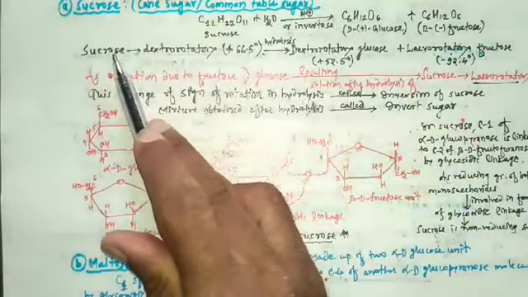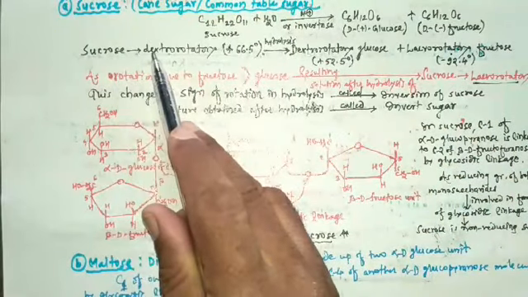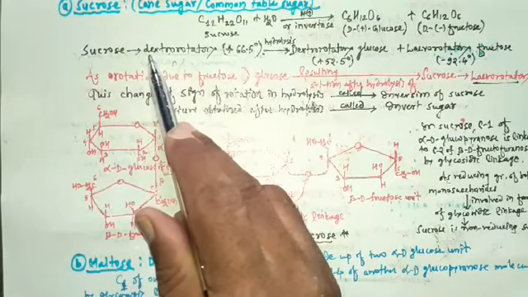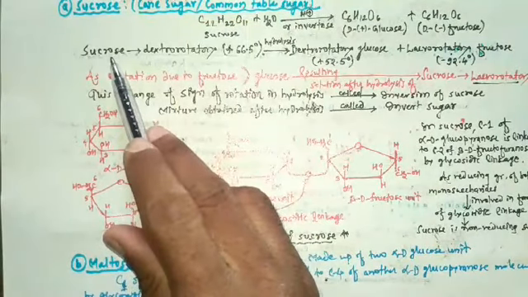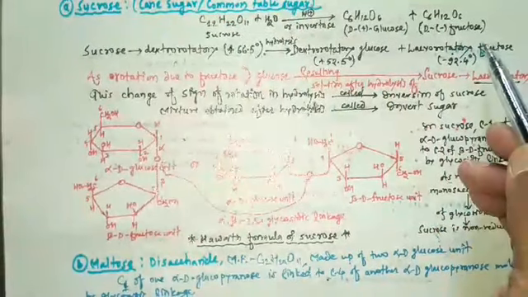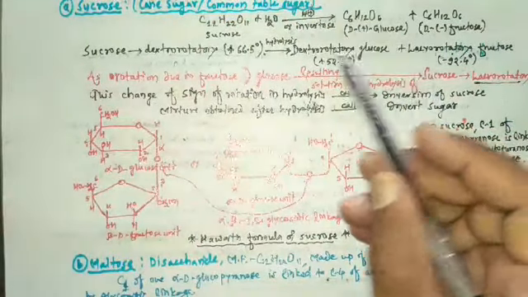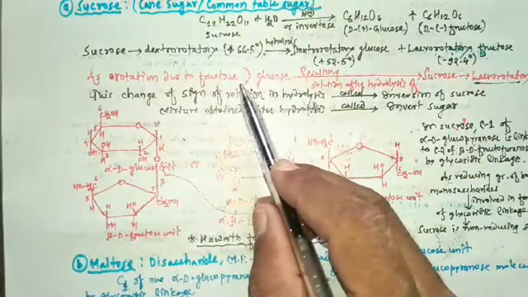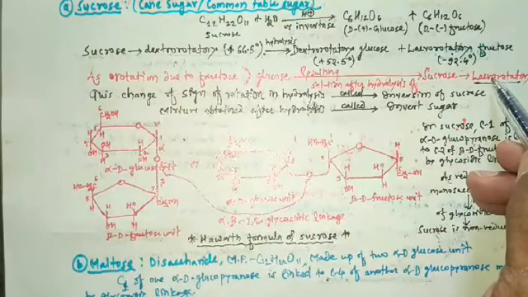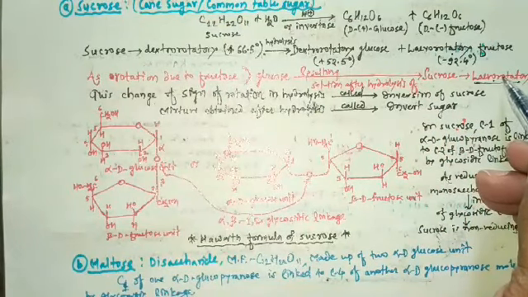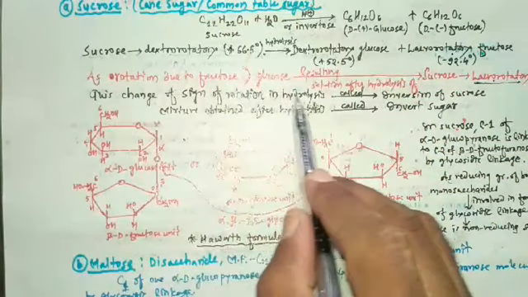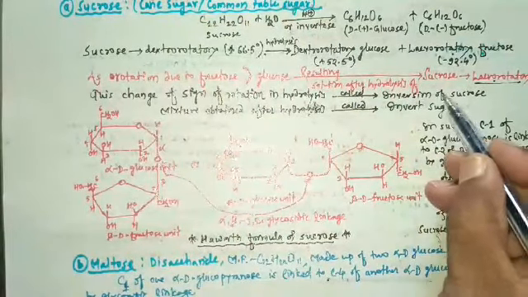Sucrose is dextrorotatory, rotating plane polarized light towards the right. After hydrolysis, it produces dextrorotatory glucose and levorotatory fructose, and the rotation is greater due to fructose. That's why the resulting mixture is levorotatory.